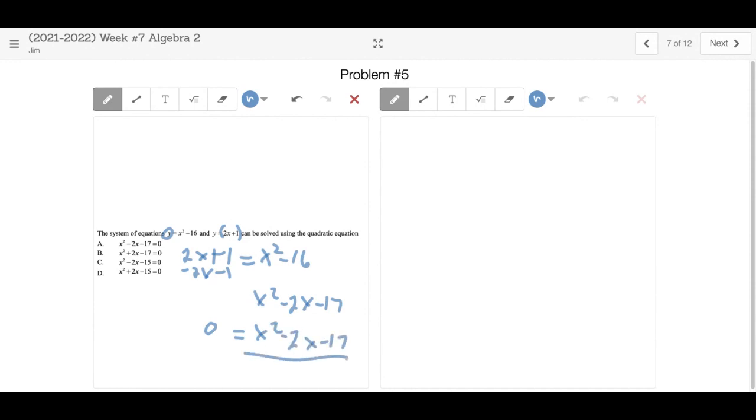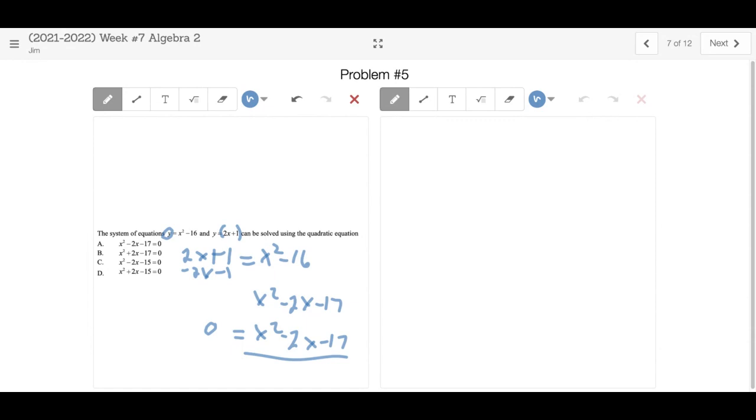So now I could use the quadratic formula on this equation to solve. I probably would because I'm looking at that equation and there's no way that's going to factor, because what two numbers multiply to give you 17 that add up to -2? You're not going to find one. So the quadratic formula probably would be the best way of doing this problem, but it didn't ask me to use it.